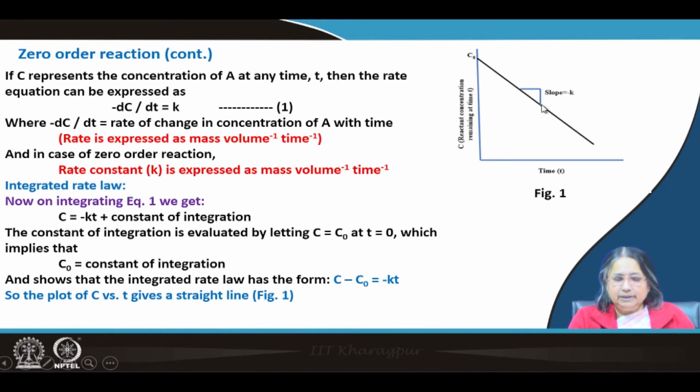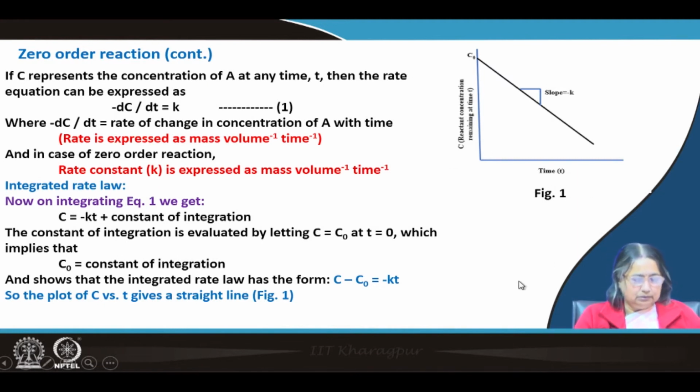It will be a negative slope, and the point where it is cutting the y axis will be C_0, that is the concentration at time t equals 0, as we have already told. Okay. So, the zero order curve will be like this if we plot C versus t.